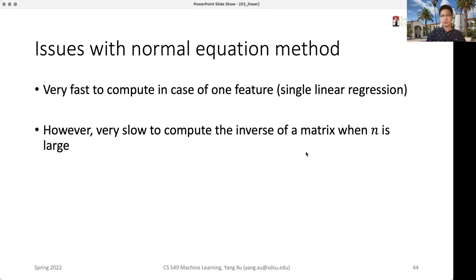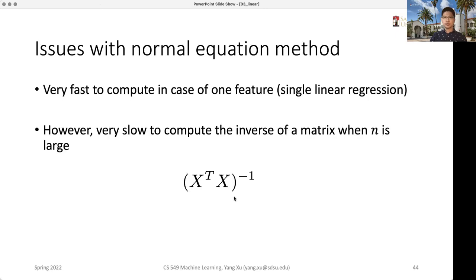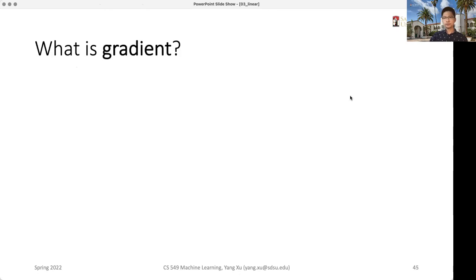Our matrix X transpose times X is n+1 by n+1, so when n is large, it's very difficult to compute the inverse of this large matrix. That is the problem of the normal equation method.